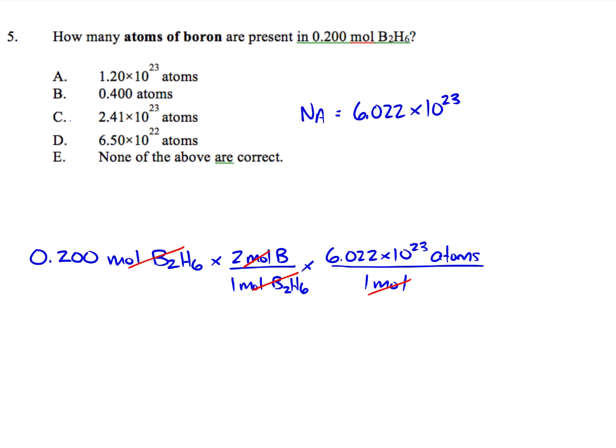And we're left with the atoms of boron, which is, let's see, I have to calculate this one. 0.2 times 2 times 6.022 e to the 23rd. We have 3 sig figs, so I get 2.41 times 10 to the 23rd boron atoms.